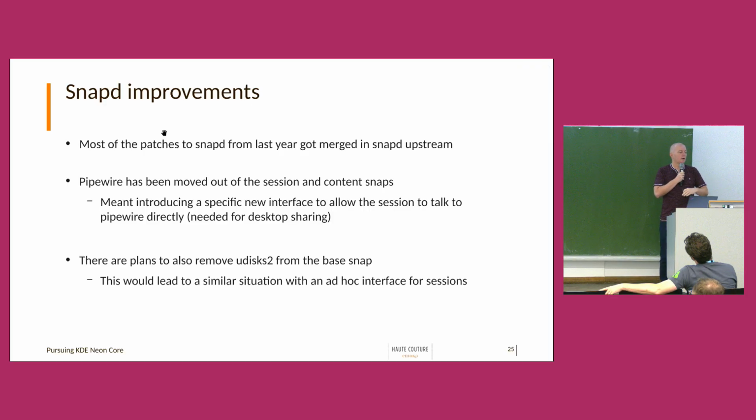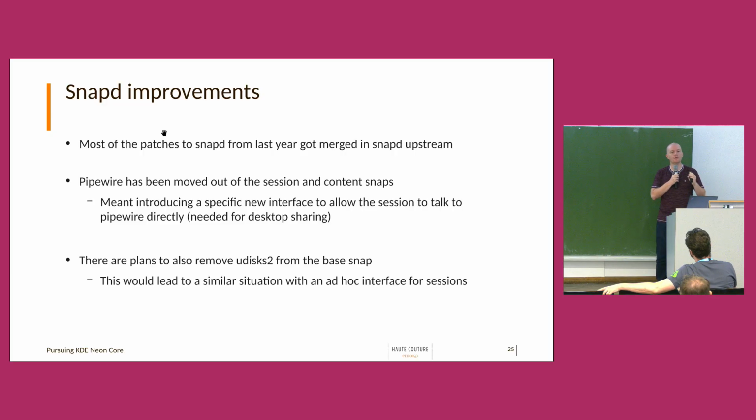Next to that, we also had to have some improvements to snapd itself. I mentioned already the patches that we did last year, which were a bit outstanding, right? Now, apart from the systemd user control one, they are all merged into snapd upstream. So that's a good thing. But we still have that crucial one to be able to talk to snapd.